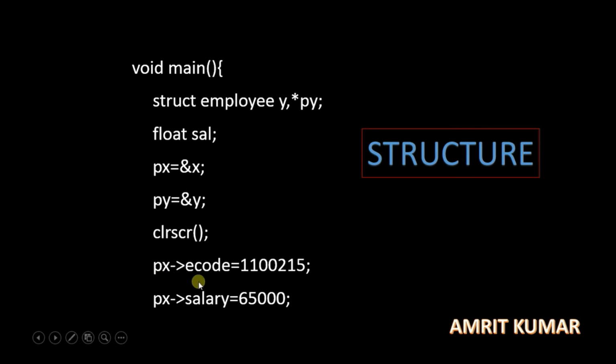Therefore, I am assigning this value into px of e code, which means I am assigning e code into px, which is a pointer. Then in a similar way, I am assigning this number into the salary of px.